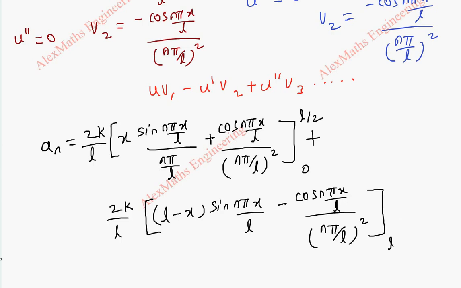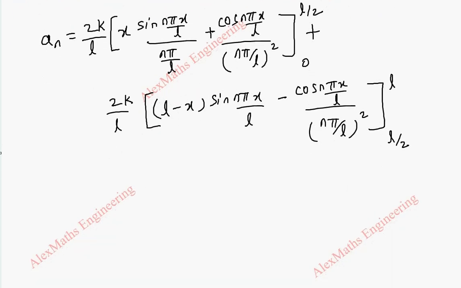Second part is from L by 2 till L. Now substituting the limits. So an becomes, we have 2k by L. Now L by 2 into sin, if I put L by 2 here, L and L get cancelled.